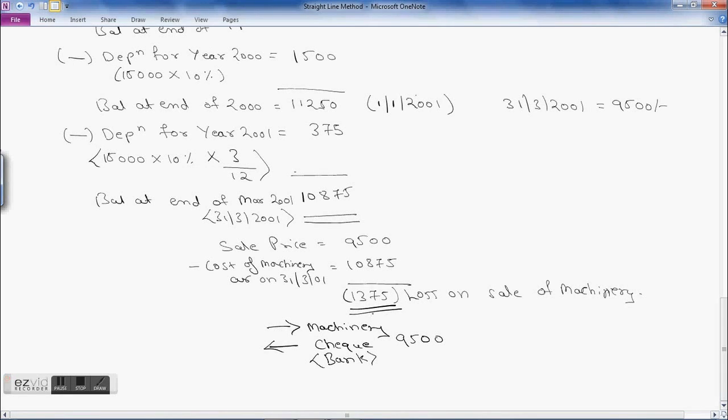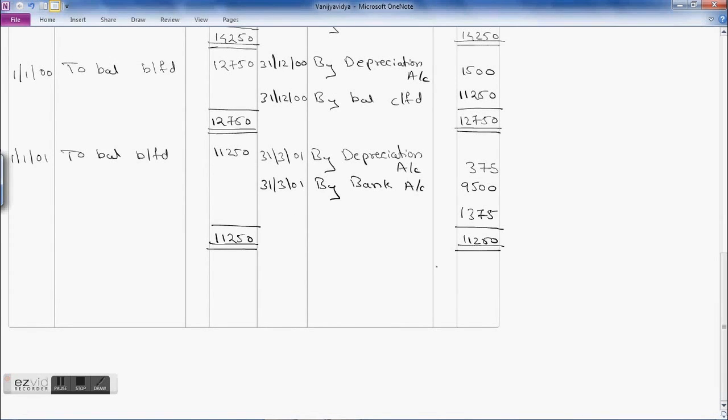The same thing we are getting as a balance in the machinery account. So this loss we should not be carrying forward since there is no machinery now. So on 31/12/2001 we will transfer this to loss on machinery account. We have to create one nominal account as loss on machinery account, and transfer it there.